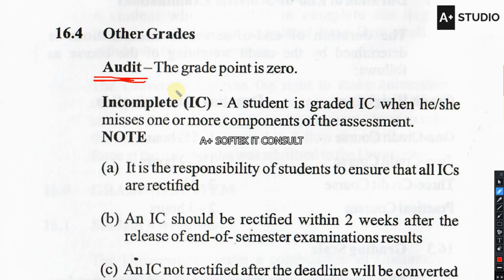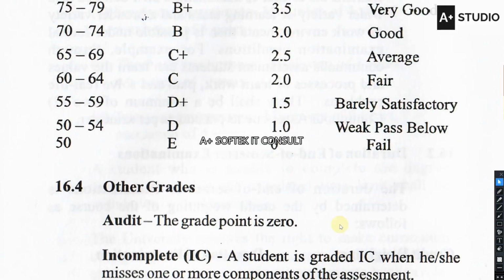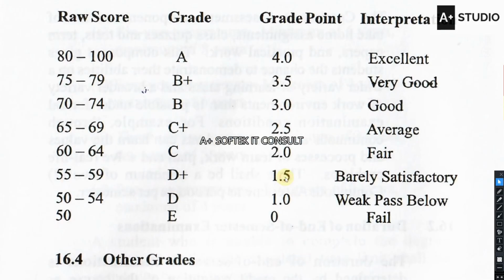If it turns out to be incomplete, it means the student participated either only in the end of semester examination or only in the mid-semester examination. Either you do one and leave the other. You didn't do continuous assessment but you did exams. That means you will have incomplete. So that is that for the University of Cape Coast when it comes to the grade and the grade interpretation. Let's move on to the next one.